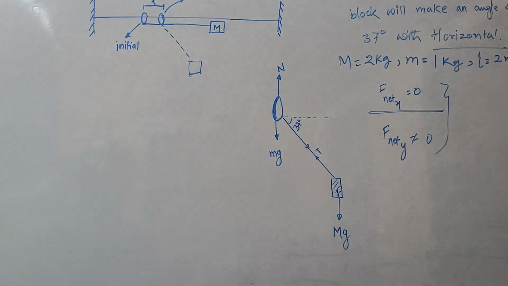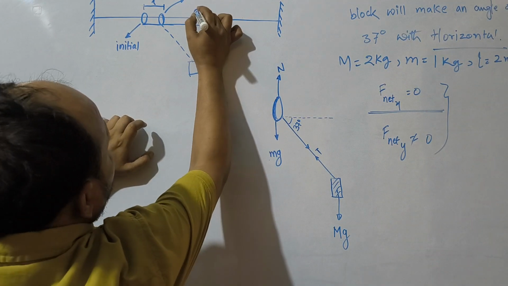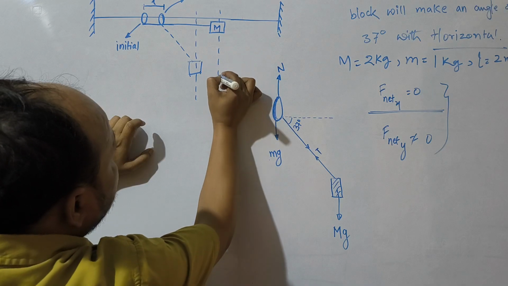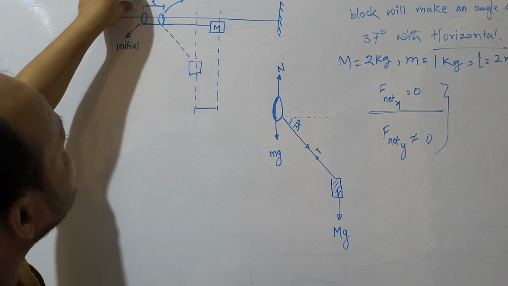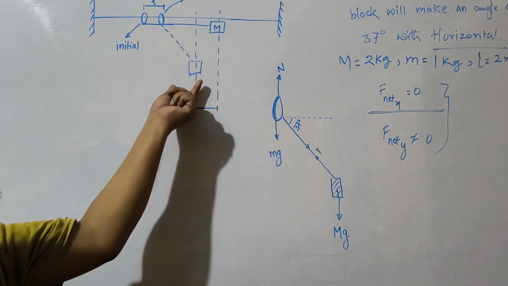So here we have to find out how much horizontal distance this block has shifted if the bead has shifted to x.